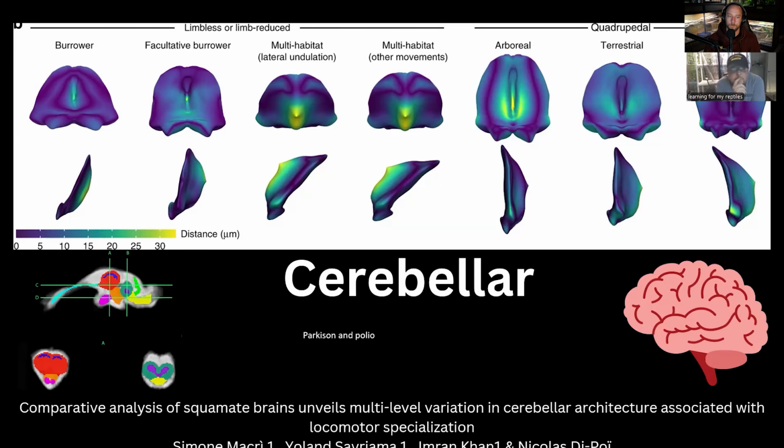If you're talking about limbless and legless creatures, you have the three humps here. As you look at the side, in the bearded dragon brain, the cerebellum actually hovers over the optic tectum.